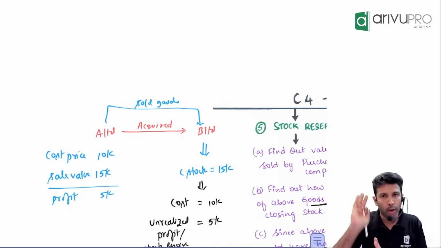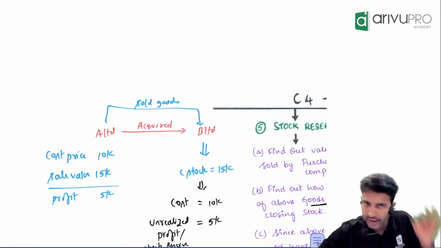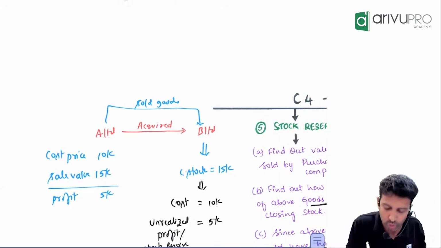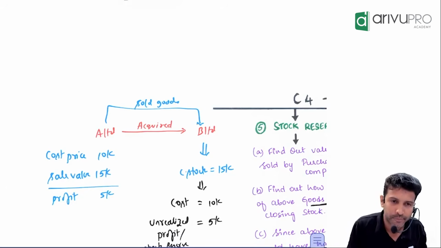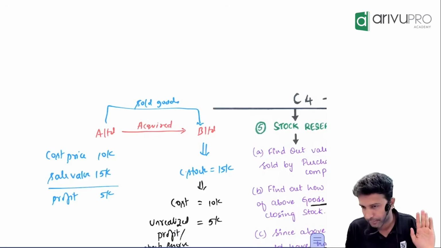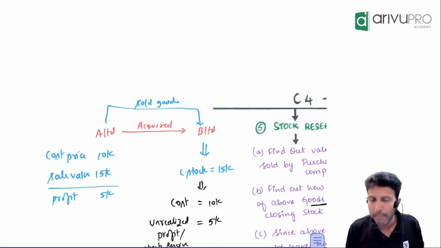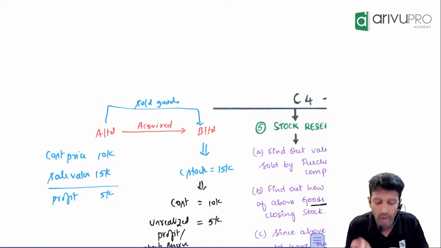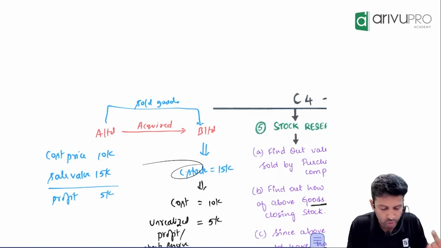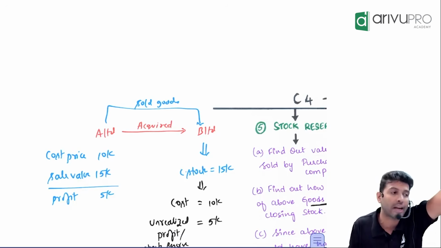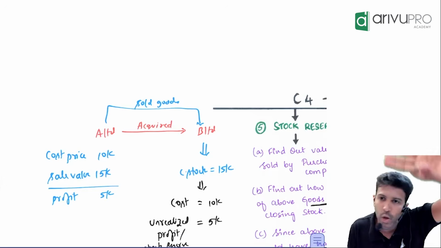Now people, the year has ended. 31st March has come. All these goods are in B Limited's factory. 100% of these goods are there in B Limited's factory. Now, whatever goods are lying unsold, that only we call closing stock.